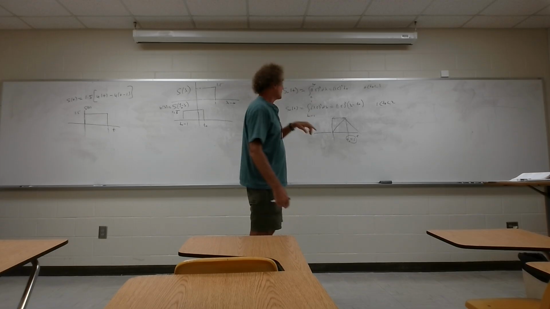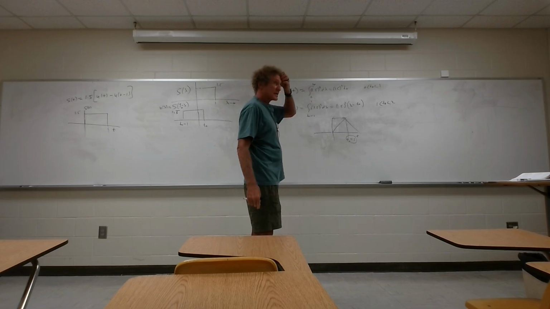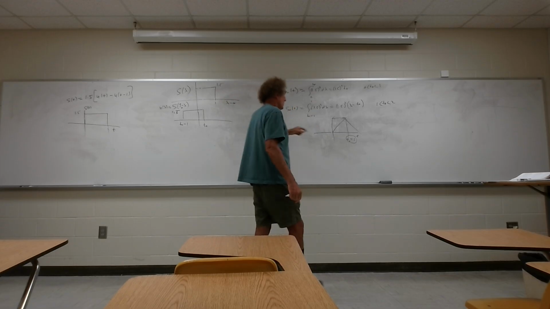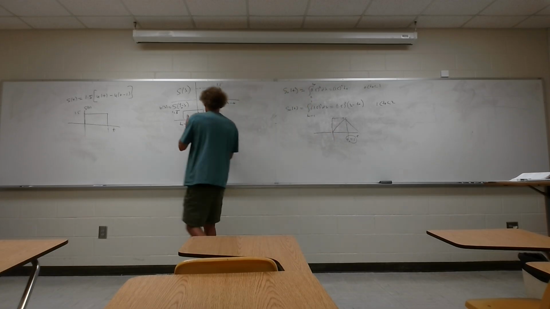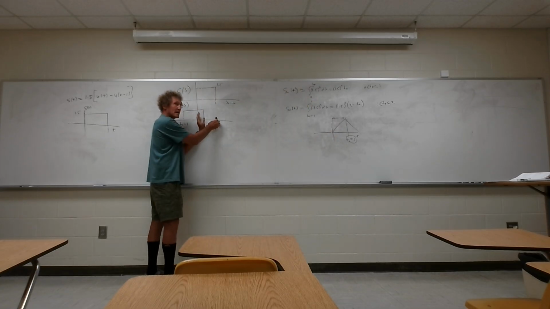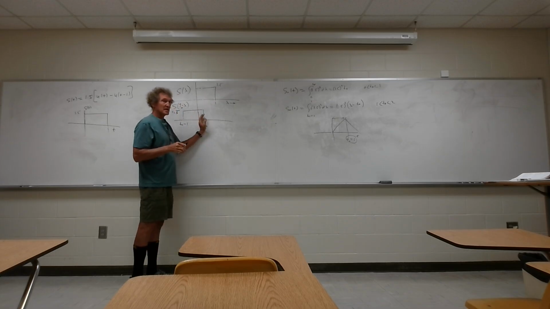The max value for any kind of a square pulse like that will be right dead center in the middle. And where that occurs is when this exactly overlaps that. And by the way, it doesn't matter what the shape of this pulse is. This is a nice thing.